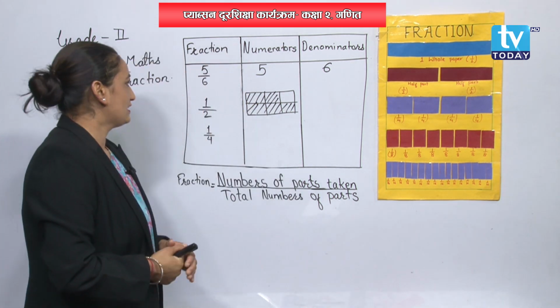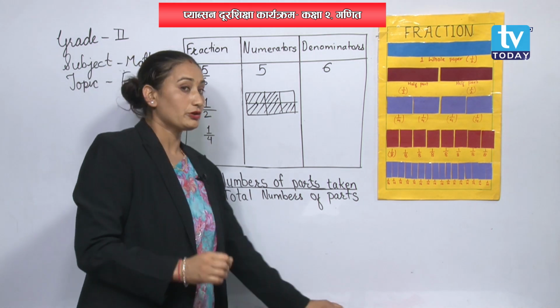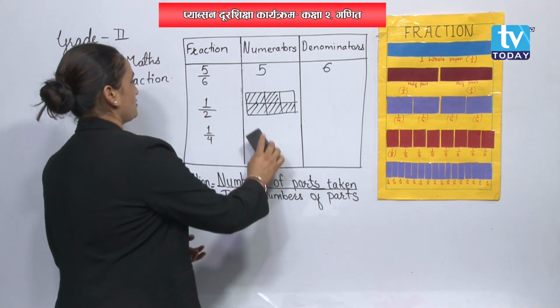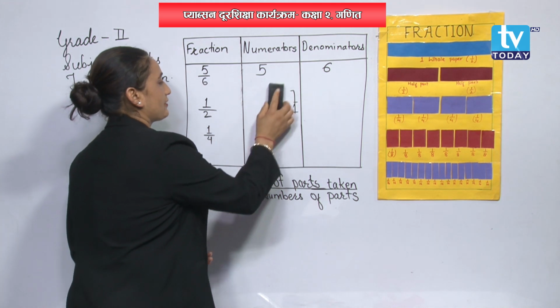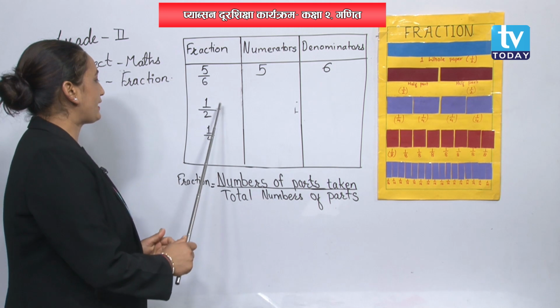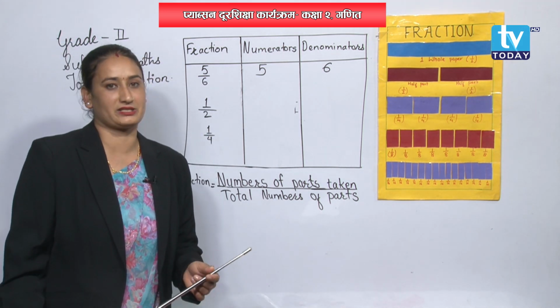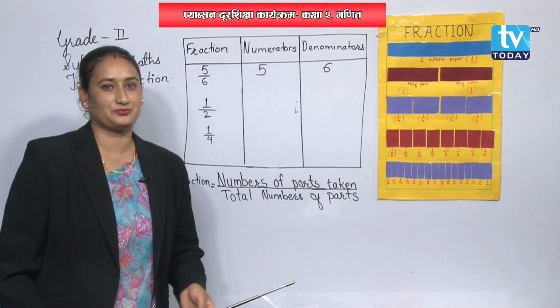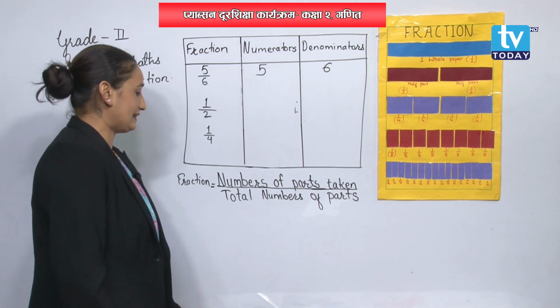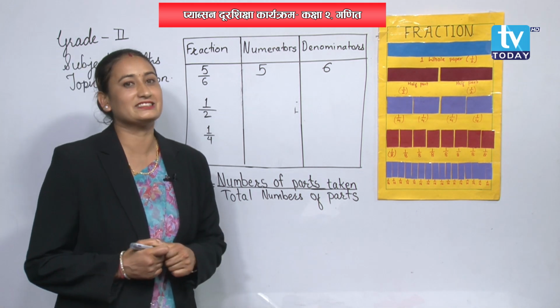Now students, let's do the next question, okay? You can write it in your copy also. Same as here. Now can you guess which one is in place of 1 by 2? Which one is the numerator and which one is the denominator? Tell me, students. Up one is the numerator and down one is the denominator, right?